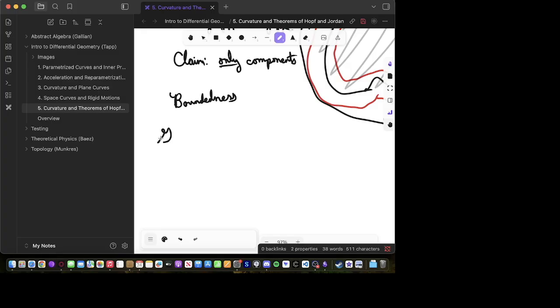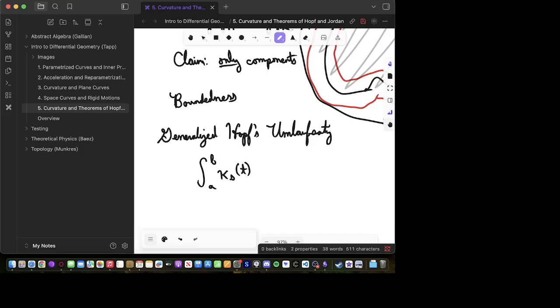There also exists something called a generalized Hopf's Umlaufsatz, and that basically says that for a simple closed plane curve that is piecewise regular, I'll define piecewise regular in a moment, if we take the integral from a to b of the signed curvature plus the sum of all the signed angles at its corners, we get 2 pi.